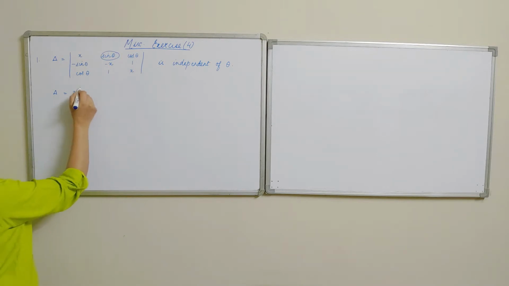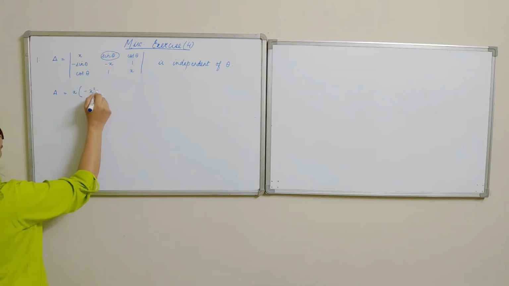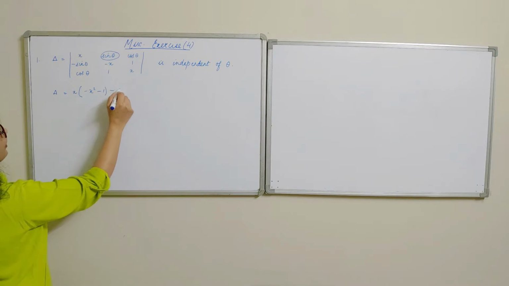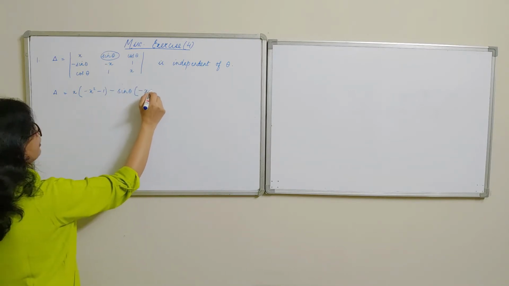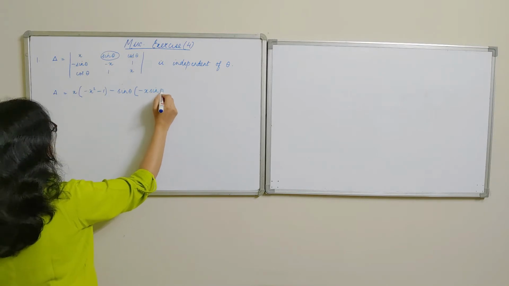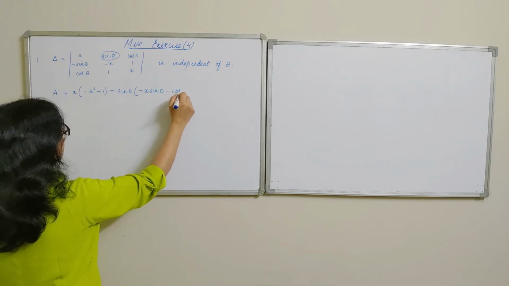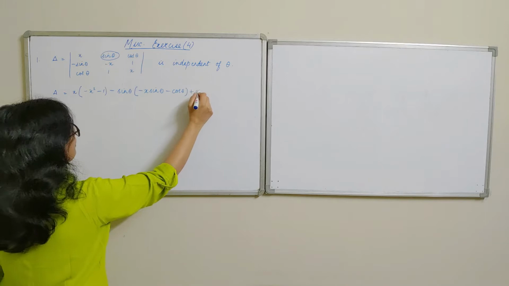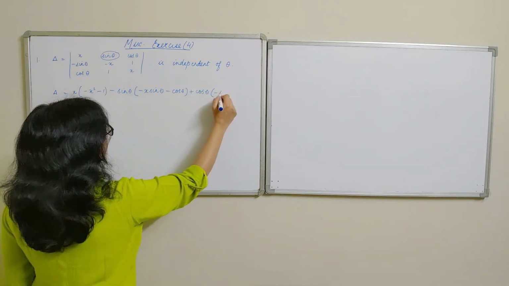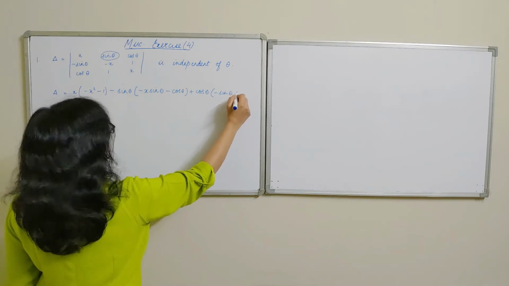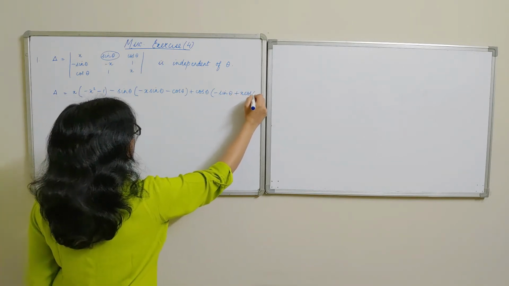So delta is cos theta into minus x square minus 1, minus sine theta multiplied by minus x sine theta minus cos theta, plus cos theta into minus sine theta plus x cos theta.